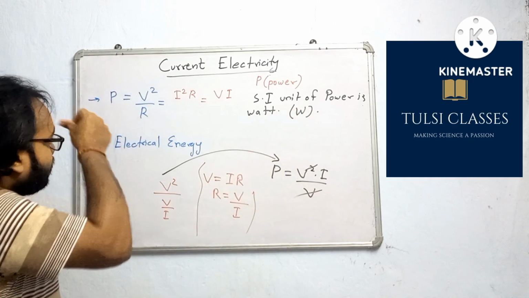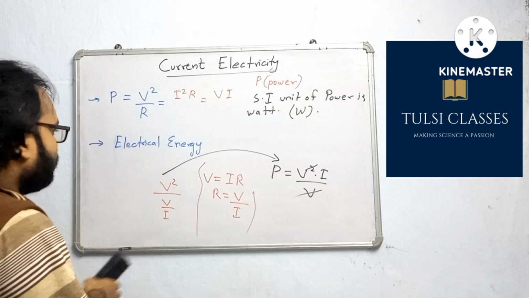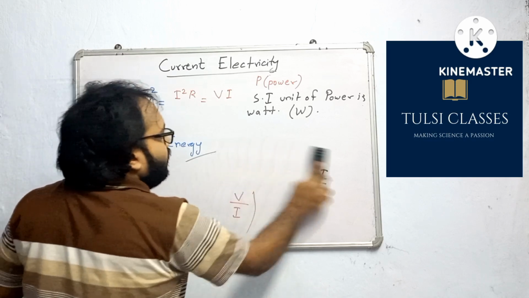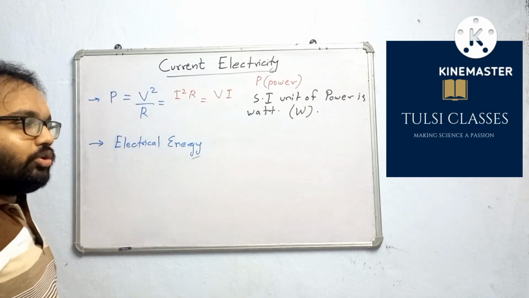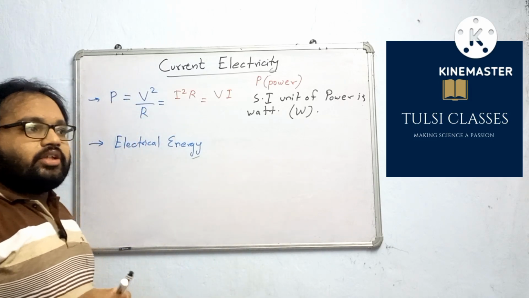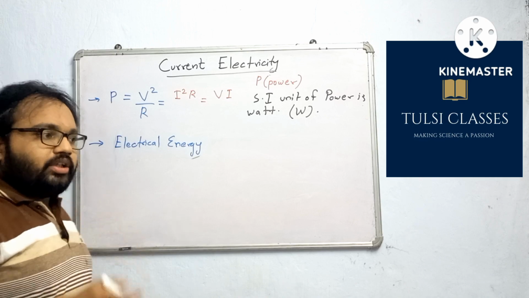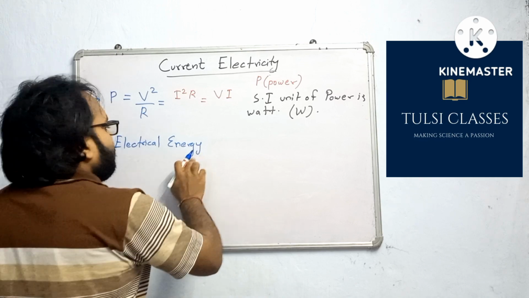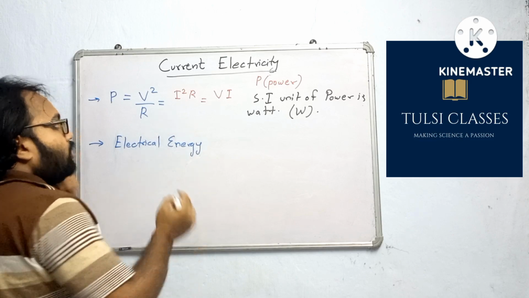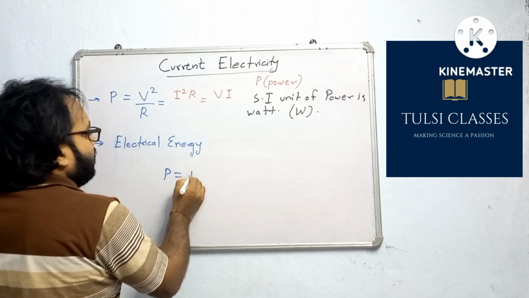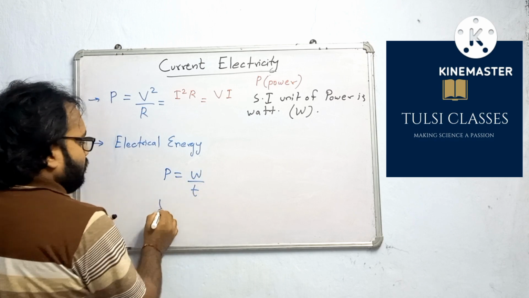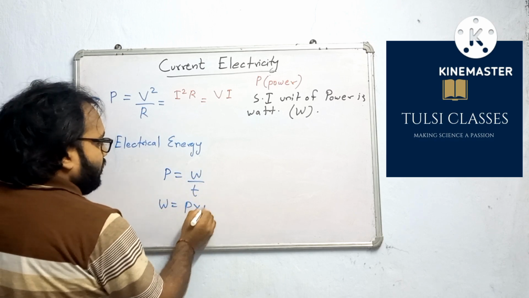Okay. Now electrical energy, I have not written a formula yet. Energy is equal to work done. Power is equal to work done by time, so work done is equal to power multiplied by time.